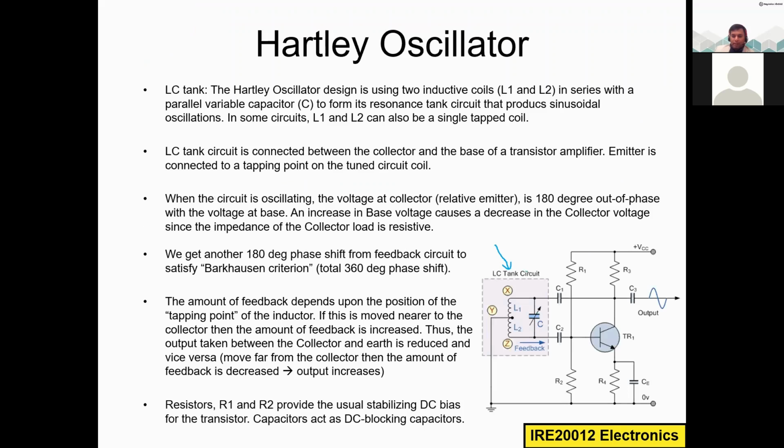You are controlling the biasing of this transistor by using this voltage divider R1 and R2, and also the feedback circuit. Based on the bias control, we can change the gain of this transistor. By changing the gain, you can vary the oscillation at the output. So you can change the amplitude to higher or lower, but we want stable oscillation.